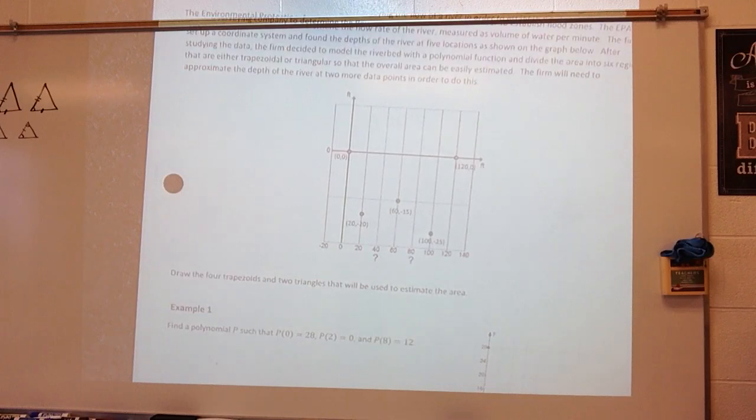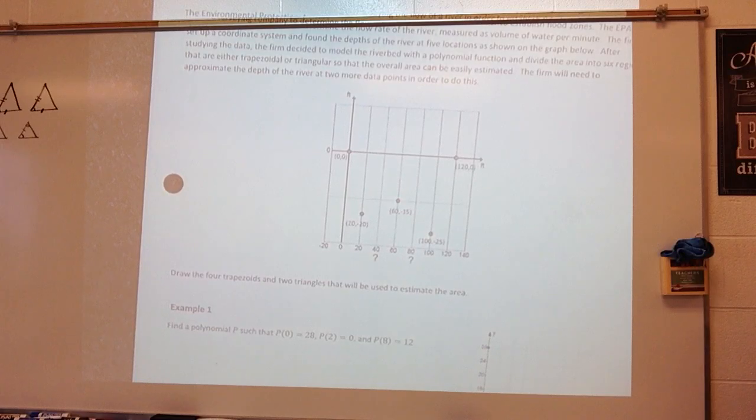With that assumption, we can estimate other data points by approximating the curve of the cross-section using a polynomial function. So what is our first task? Well, we need to find a polynomial function to fit the data. We're going to draw a graph of the polynomial function that passes through the 5 given data points.